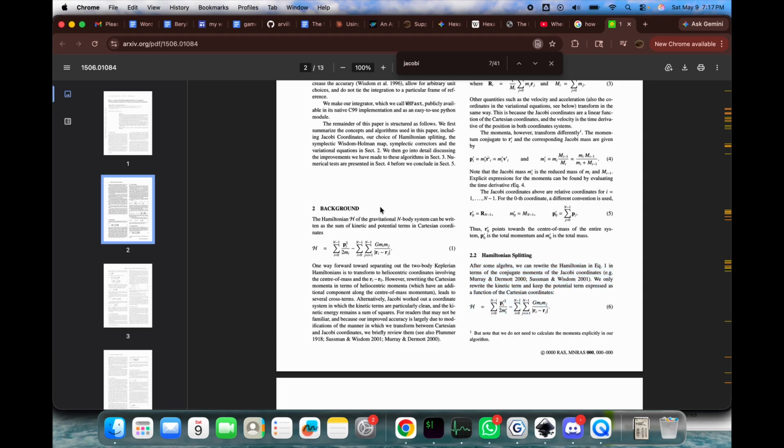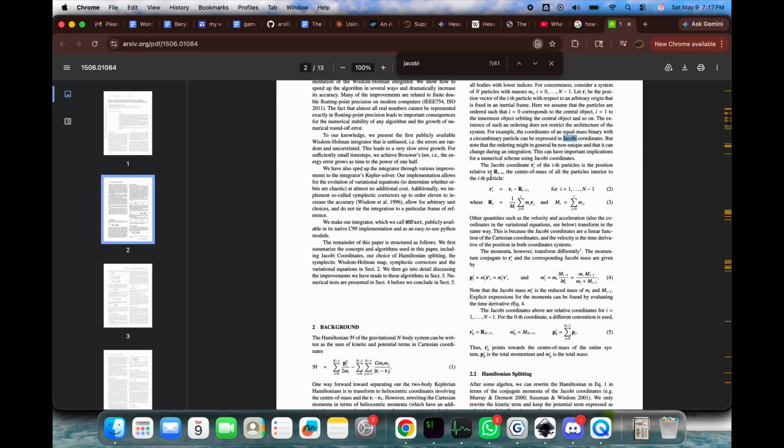Hamiltonian, yeah, I might eventually need this WHFast article later, but I'm just doing the transformation, right? I only care about the Jacobi part.